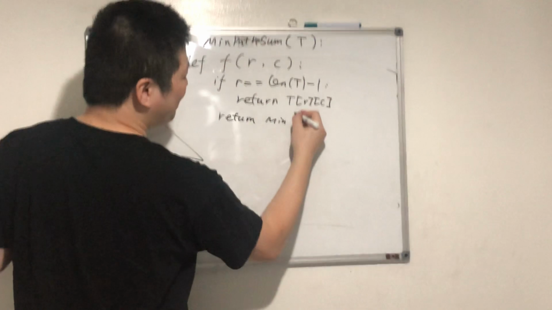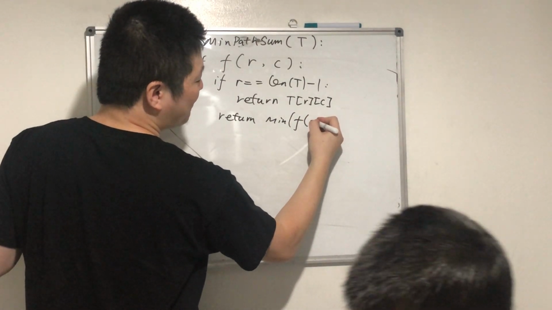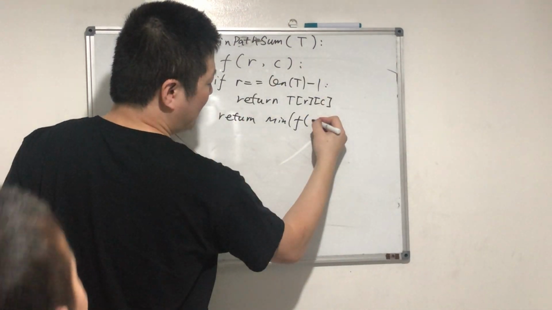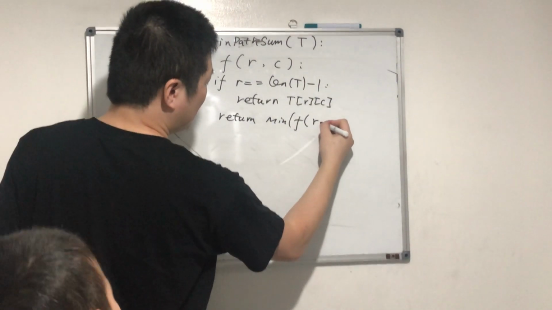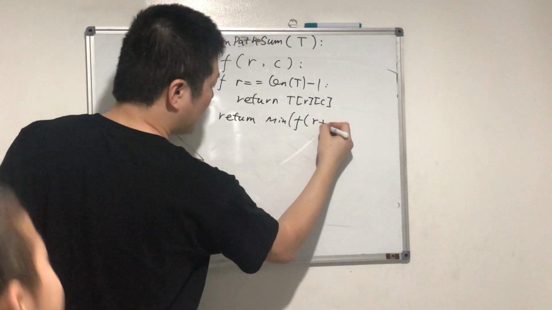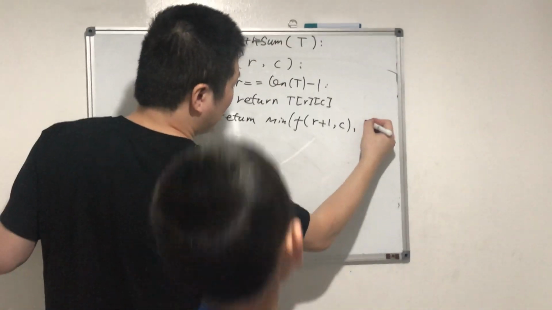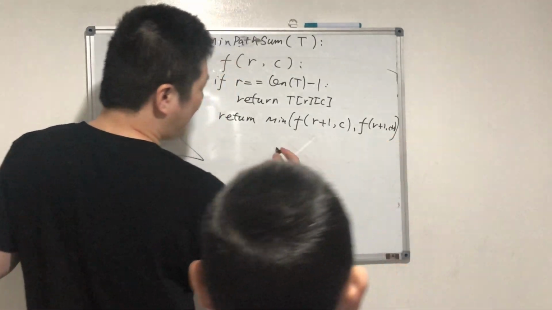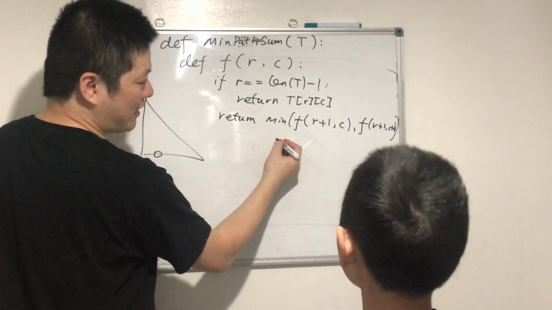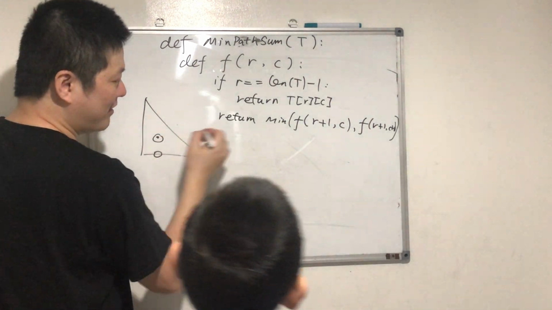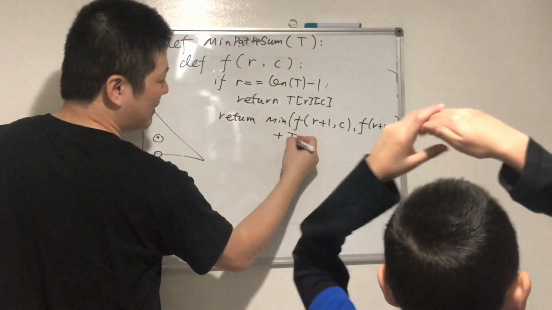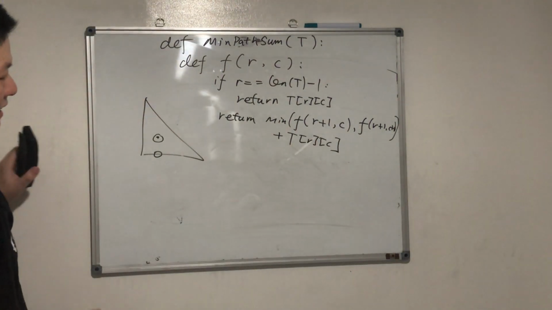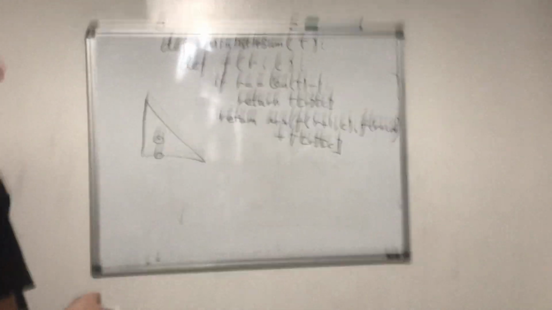The minimum of F(R+1, C) and F(R+1, C+1). And you forgot something: here you need to pick up the value, plus T[R][C]. Yeah, this is the value. Okay, what's missing here?